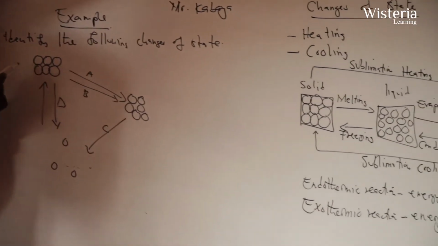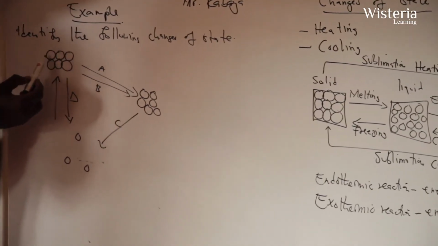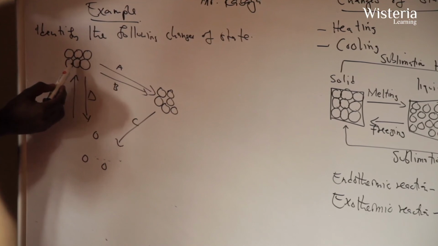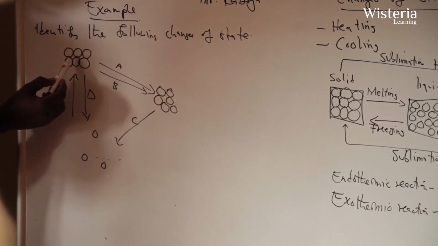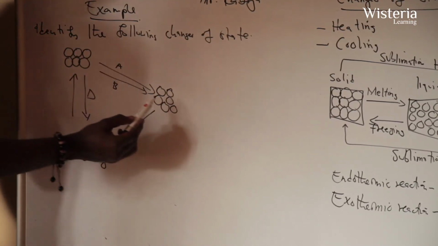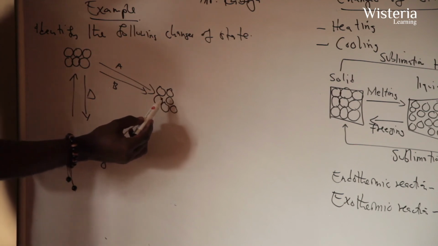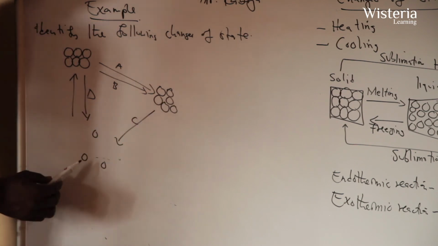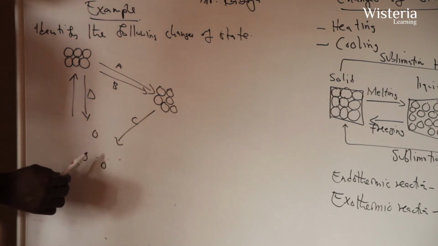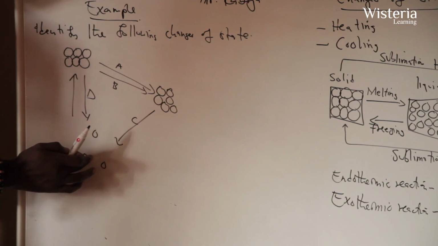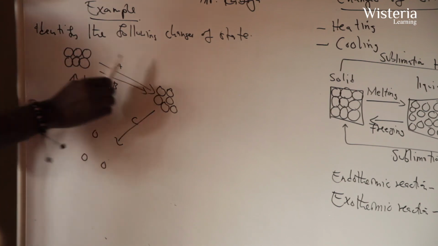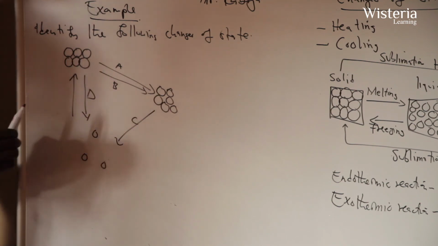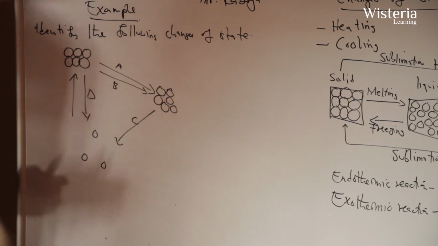Here, because the particles are orderly and close to each other, this is a solid. Here the particles are close to each other, but disorderly, so this is a liquid. Here the particles are disorderly and far apart, showing the presence of particles in a gas. After identifying what these are, that's when we can identify the changes of state.